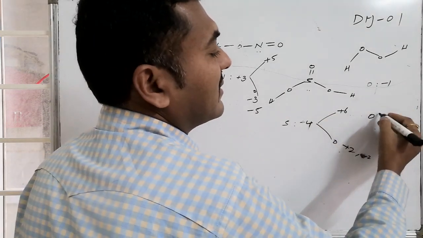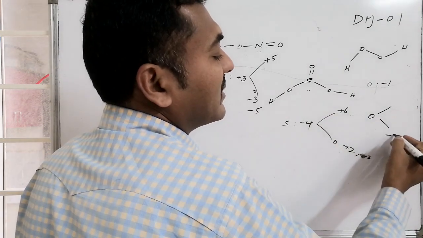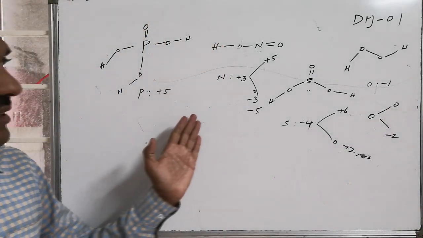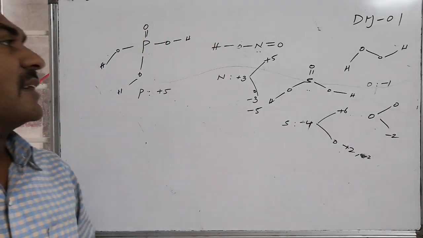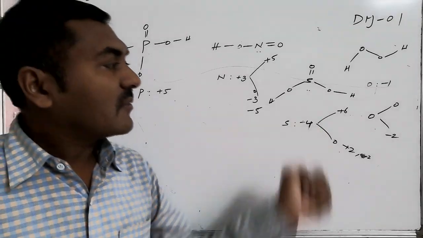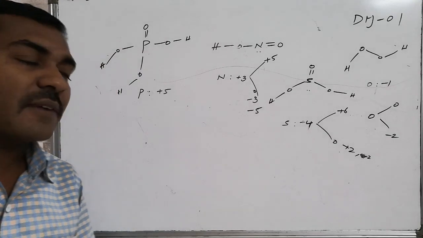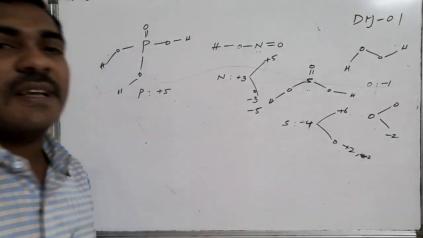Whereas oxygen can decrease to -2, and it can increase to 0 also. So these 3 compounds, nitrogen in nitrous acid, sulfur in sulfurous acid, and oxygen in hydrogen peroxide, have a chance to increase as well as decrease.